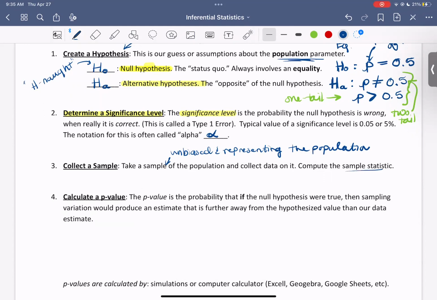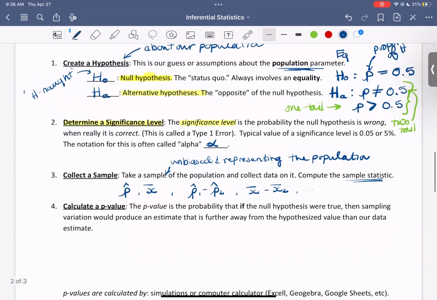Then we compute the sample statistic from the sample. That could be the sample proportion, the sample mean, the difference of two sample proportions, the difference of two means, etc. Okay, so far we have our hypotheses, we have a significance level, alpha, and we have a sample statistic.